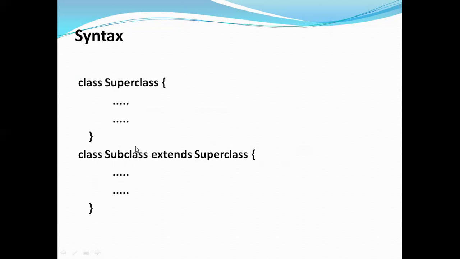That relationship is provided by the inheritance feature where the subclass should be extending the superclass. So we should use the keyword called extends. So subclass extends superclass. It means that now the subclass will be called a child class of the superclass. Now when we write this statement, whatever is there in the superclass can be accessed through the subclass also. So this is the basic syntax of inheritance.